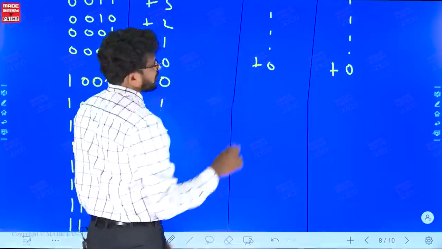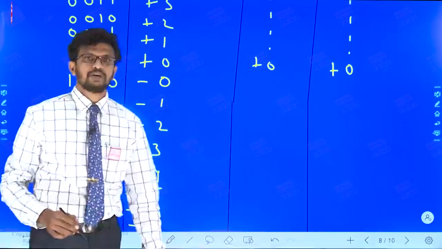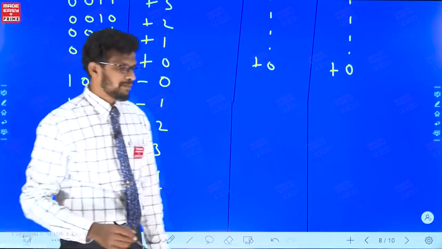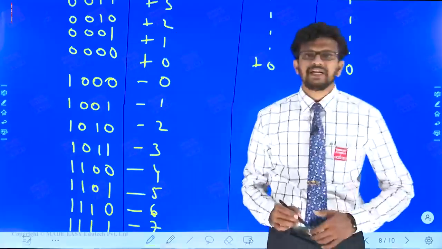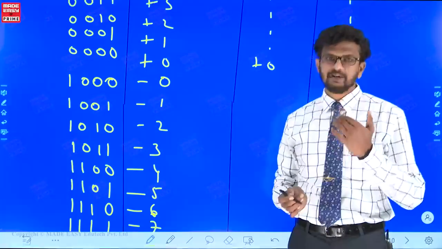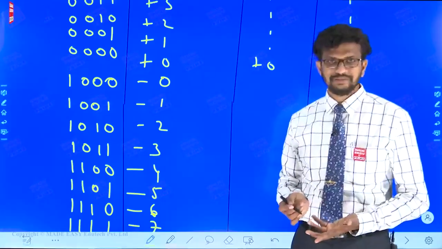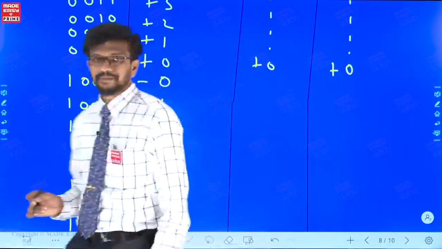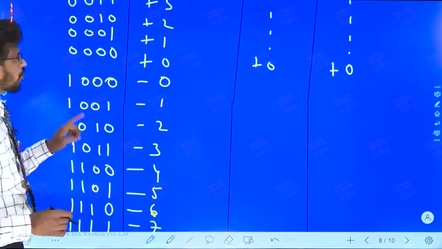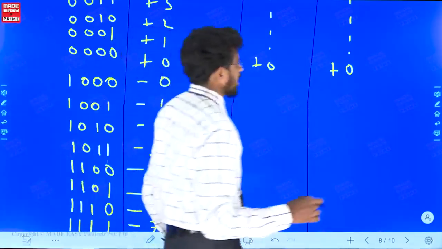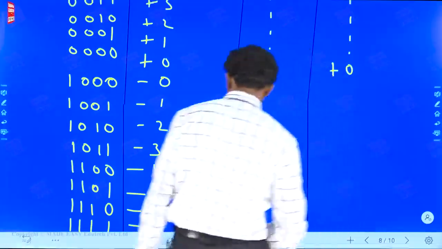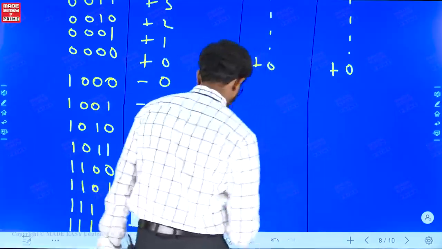This one is 1's complement. What is 1's complement? 1's complement is just complementing every bit, from 1 to 0 or 0 to 1. Observe carefully. Let me tell you like this, take the example here. I am just writing it roughly so that you can follow easily.